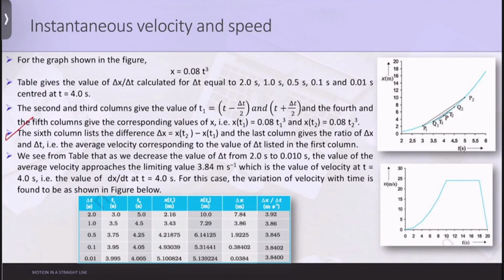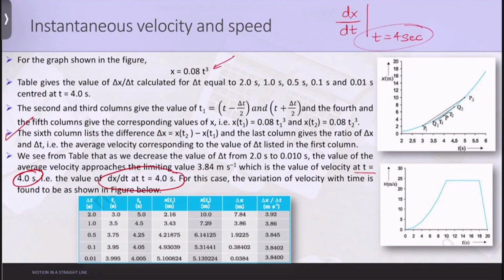So the average velocity approaches the limiting value of 3.84 meter per second, which is the value of velocity at t equal to 4 seconds. That is the value of dx by dt at t equal to 4 seconds. Even if you calculate dx by dt and then put t equal to 4 seconds there, you will get the answer as 3.84 meter per second.